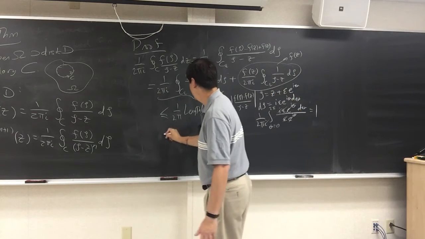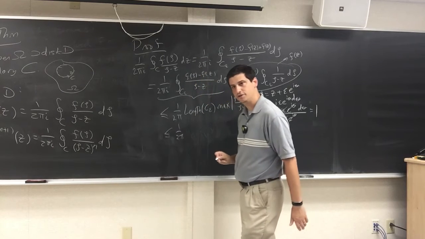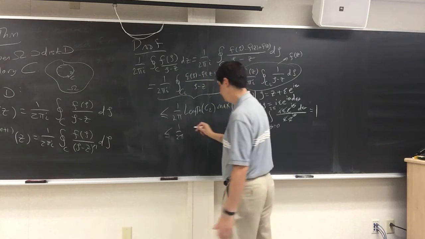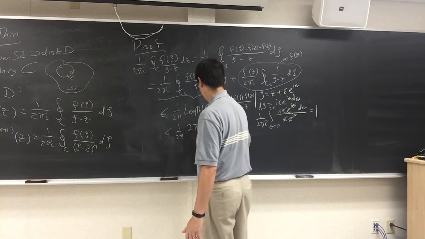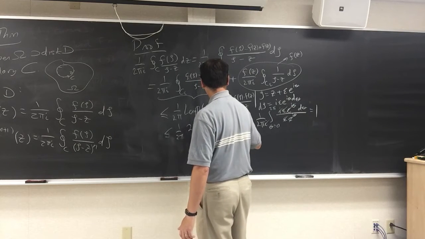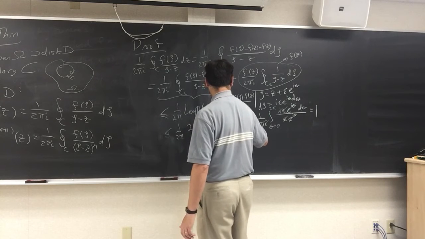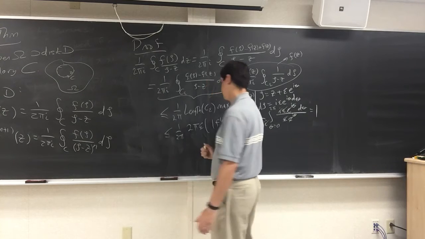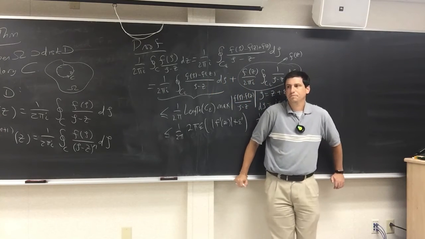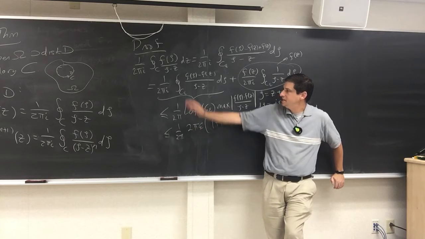So this would then be less than or equal to 1 over 2 pi. The length of the curve is just going to be 2 pi epsilon. And then this is going to be the absolute value at most of f prime of z plus epsilon, well, I'll call it epsilon prime. Yes? Where did the i in the denominator go? I'm taking absolute values.